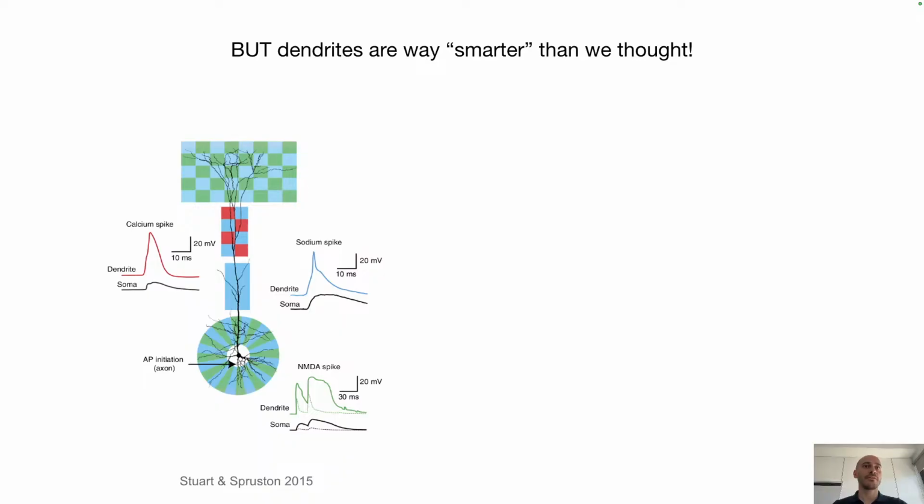For example, they can have sodium spikes that last for a couple of milliseconds, calcium spikes that last tens of milliseconds, and NMDA spikes that also have long durations. In different parts of the dendritic morphology, we have different combinations of voltage-gated receptors that are combined to generate different outcomes.